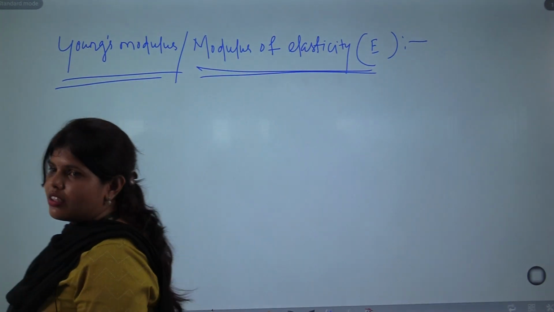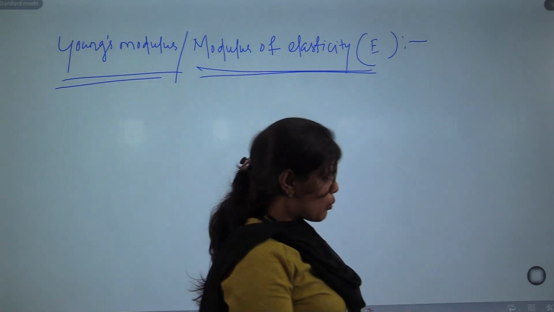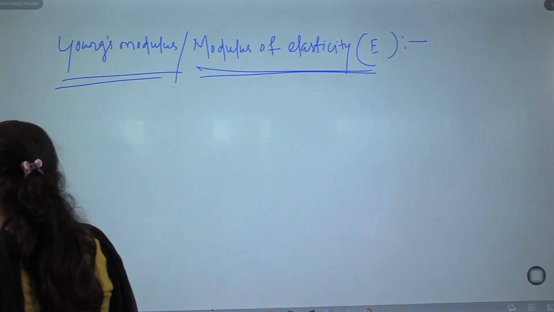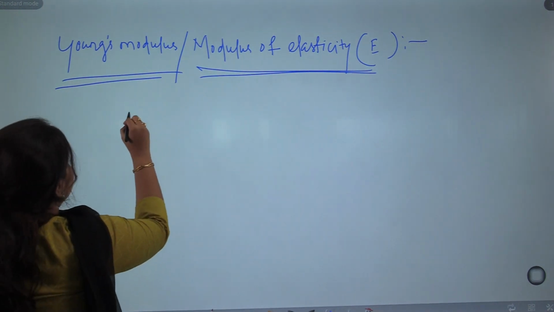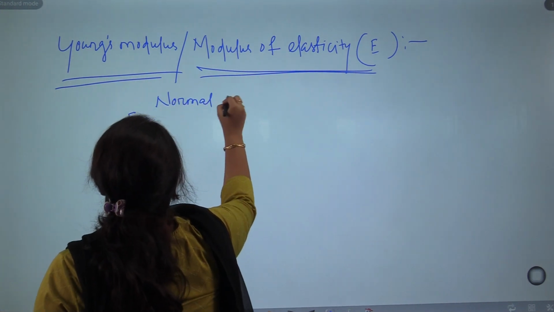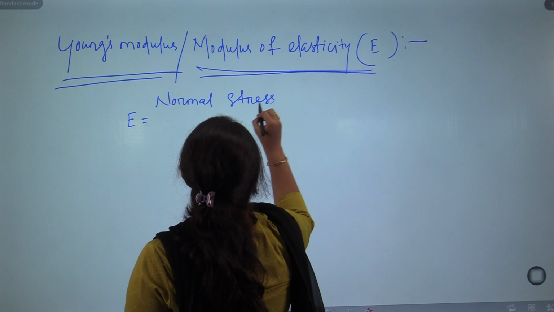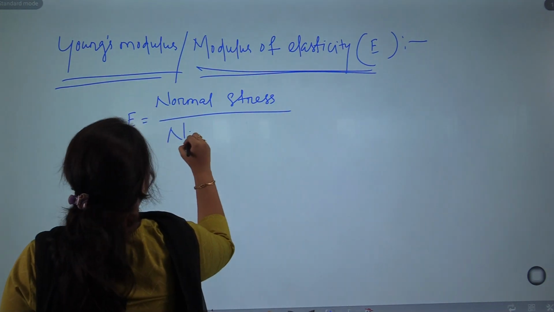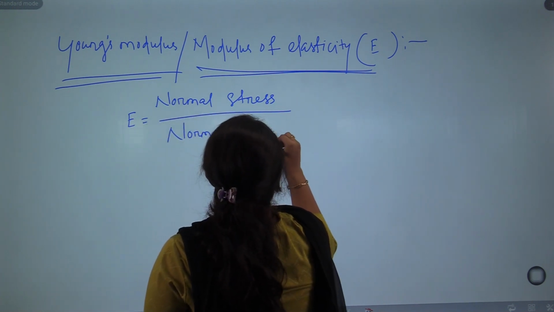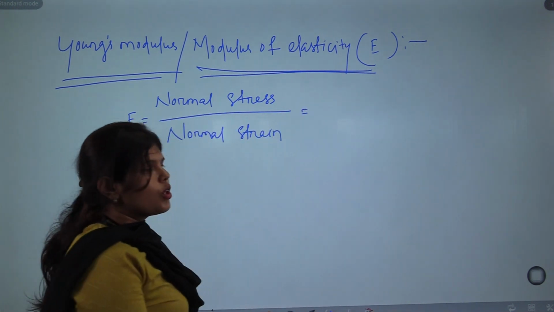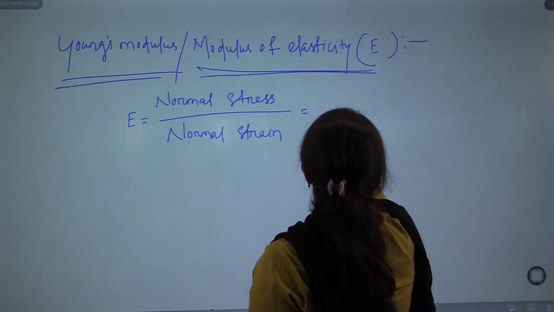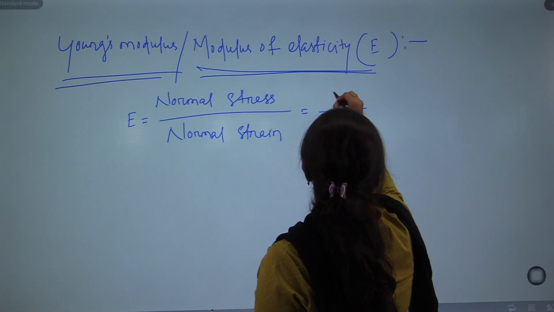Strain. So, how to calculate Young's modulus? We already know the formula: normal stress upon normal strain. Normal strain is denoted by small e and normal stress is denoted by sigma.